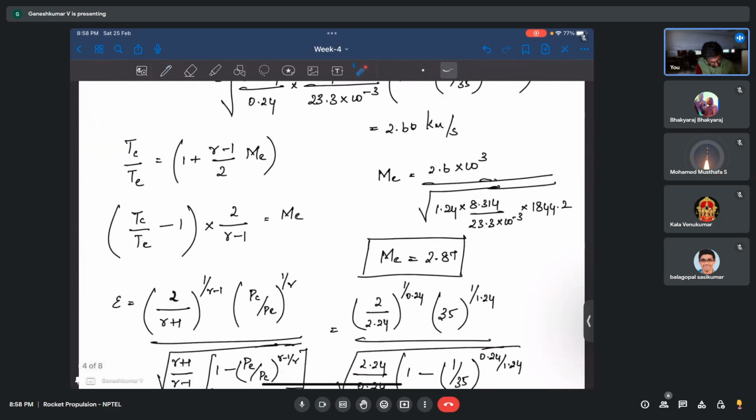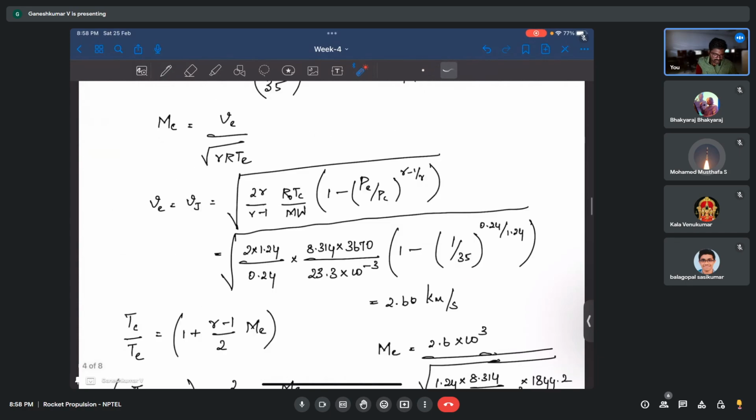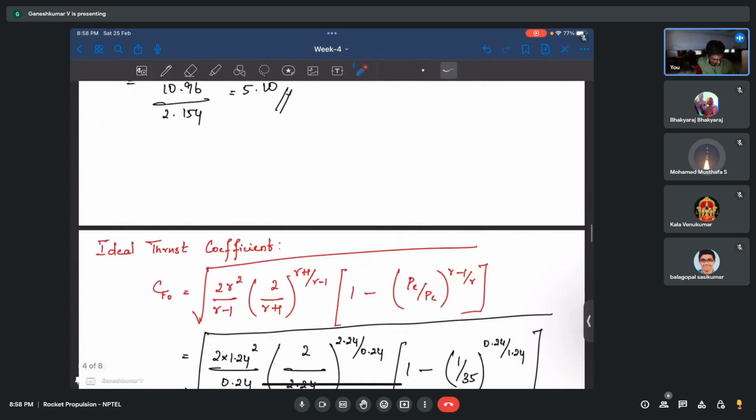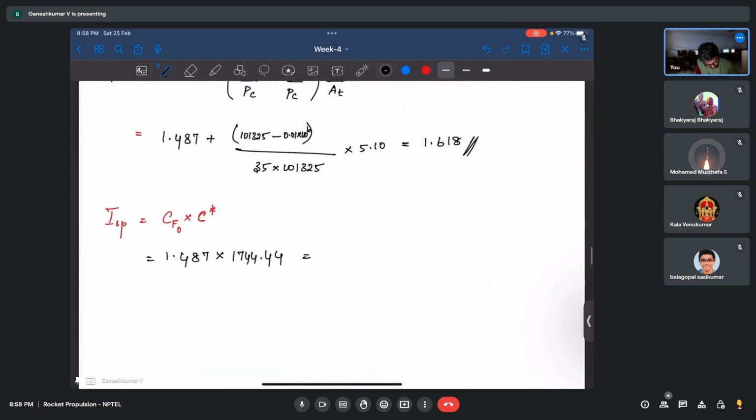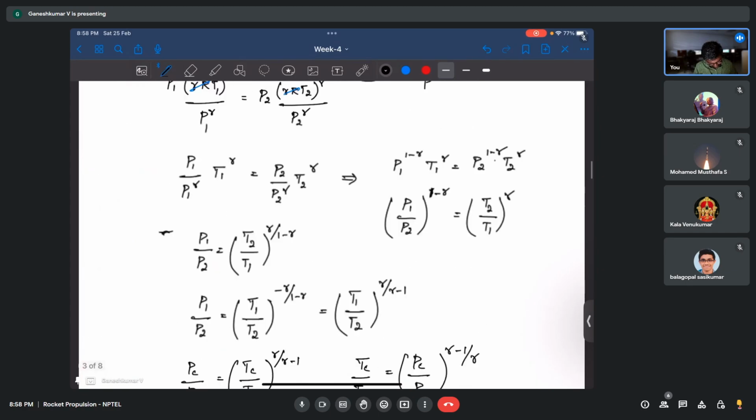You can notice one thing here. We already found the jet velocity, which is also 2.59, maybe 2.69 kilometers per second. So at this condition, we can write ISP to be VJ. You can either just use the VJ or multiply, and you will end up getting the same results. So this is ISP at sea level.